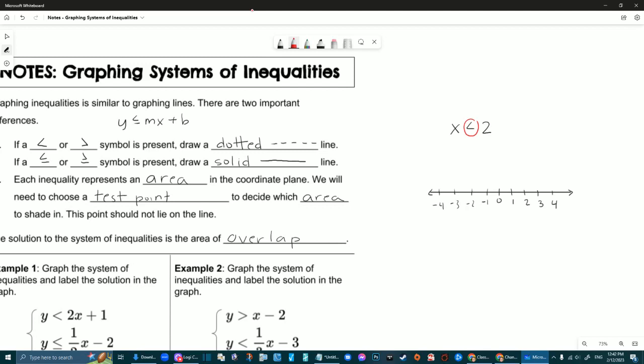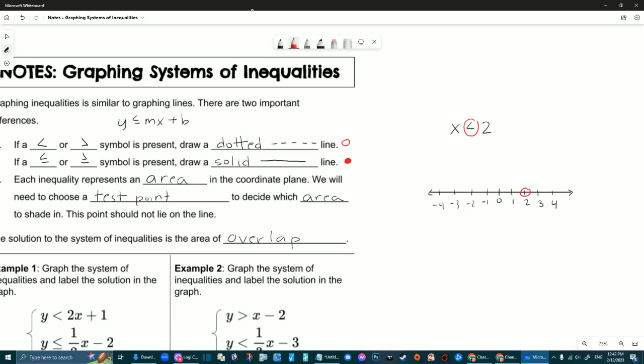I would use an empty circle because there's no equal sign underneath. That empty circle is equivalent to the dotted line we're going to do now. A filled-in circle is equivalent to the solid line. In this case, empty circle because it's just less than, so I'm going to make an empty circle at 2.